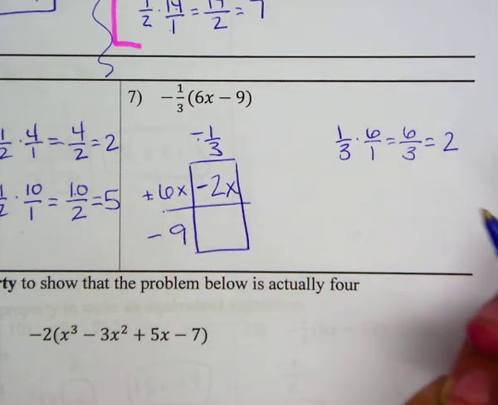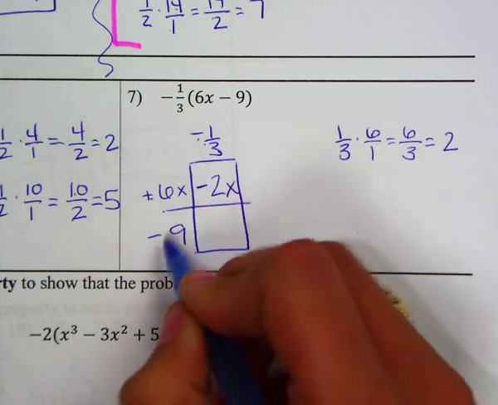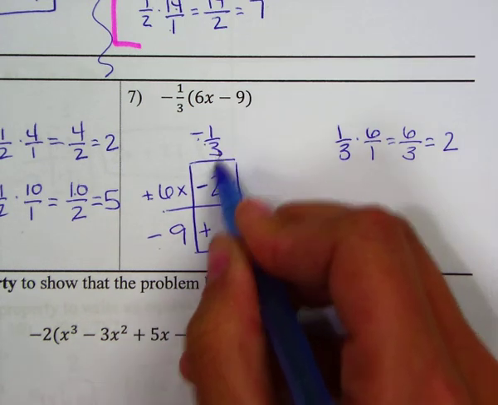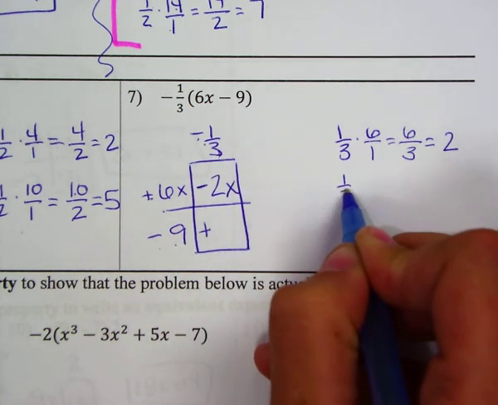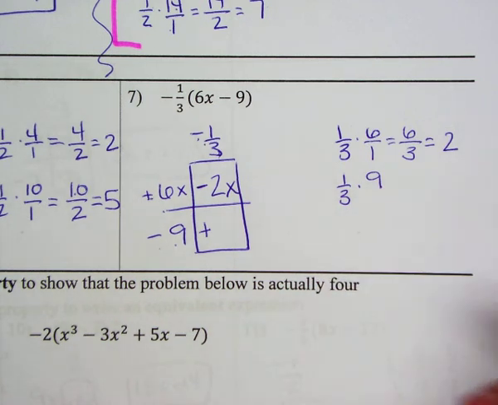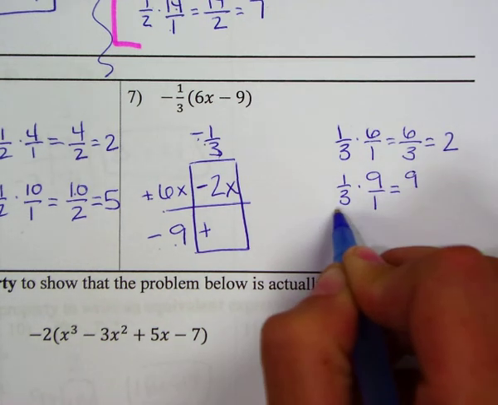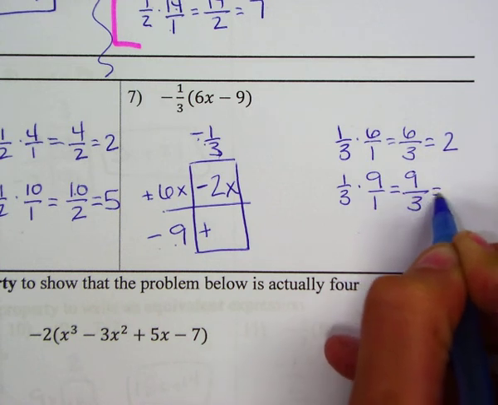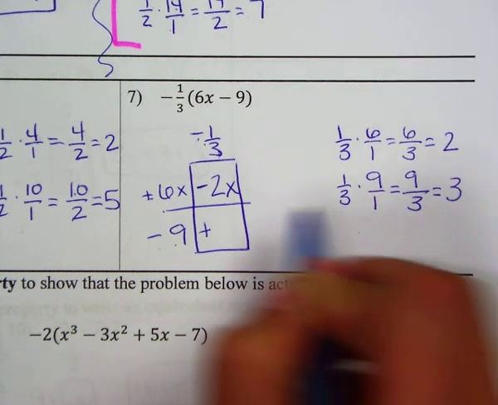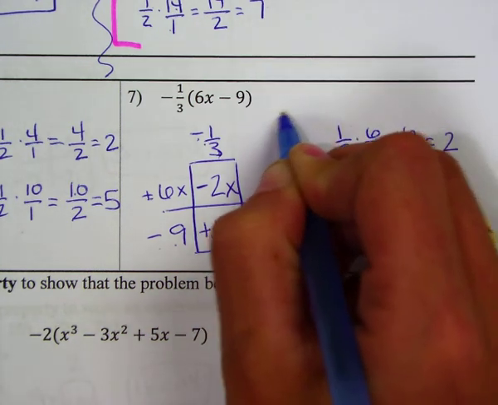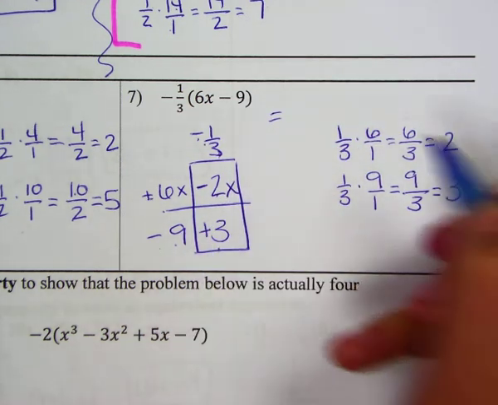Tack on that x. Negative times a negative is a positive. 1/3 times 9. Go ahead and put the 9 over 1, multiply straight across. 9 divided by 3 is 3. So our answer is negative 2x plus 3.